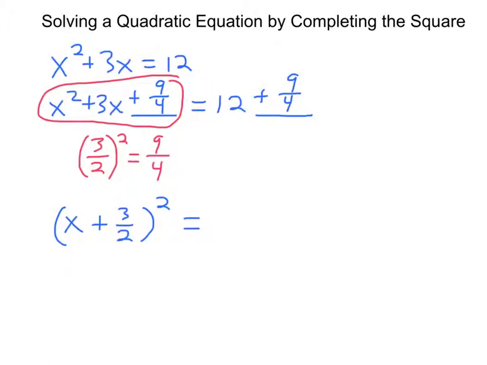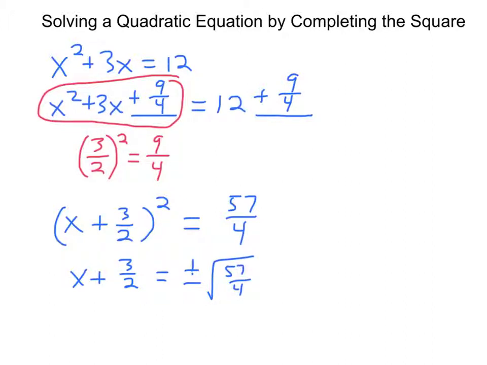And on the right side, we just want to add these together. So get a common denominator and add them. That comes out to be 57 over 4 when you do that. Okay, then we're going to take the square root on both sides. So on the left side, we get what's inside the parentheses, x plus 3 over 2 equals, and then the positive or negative square root of 57 over 4.